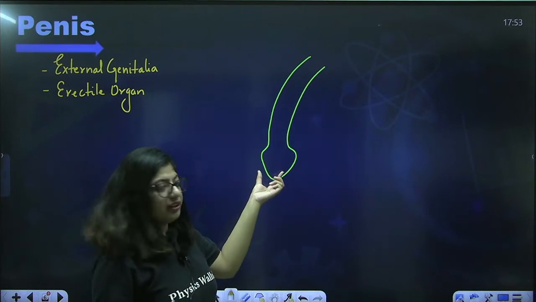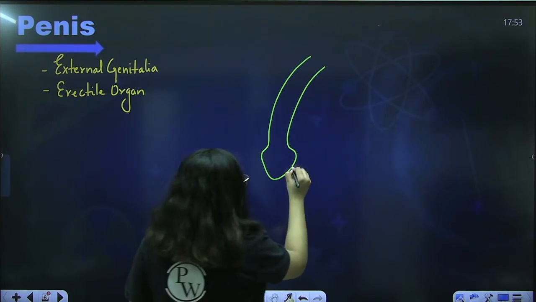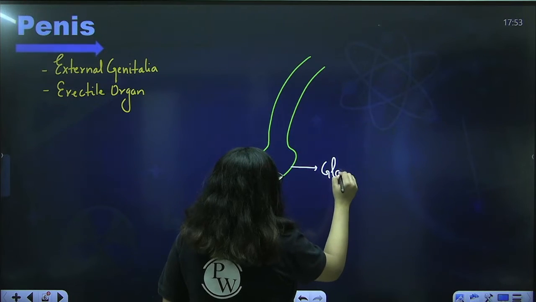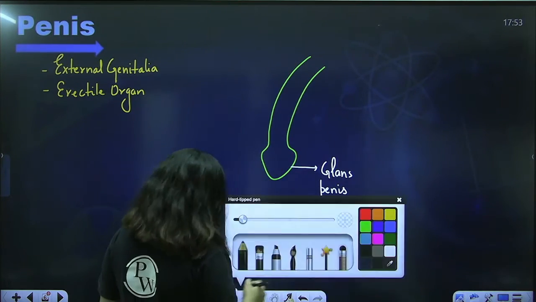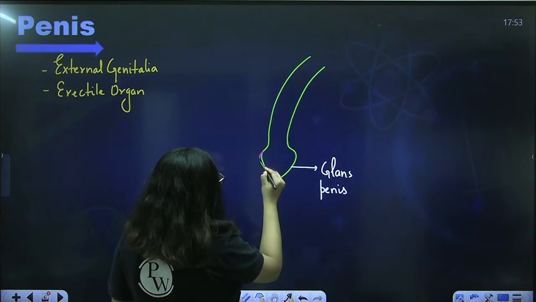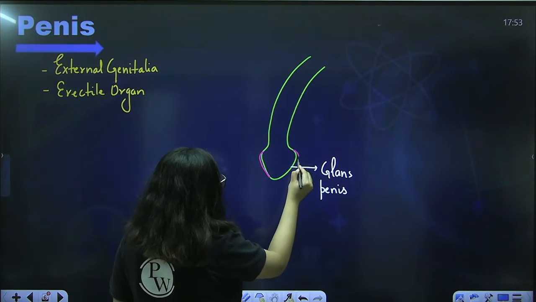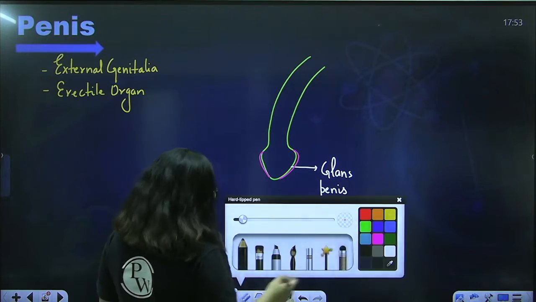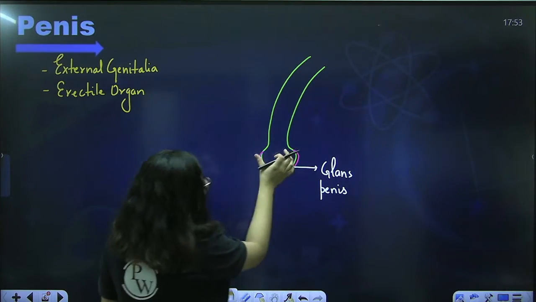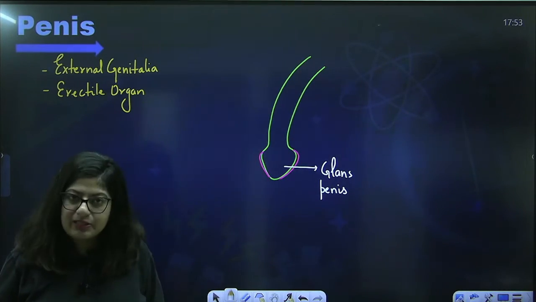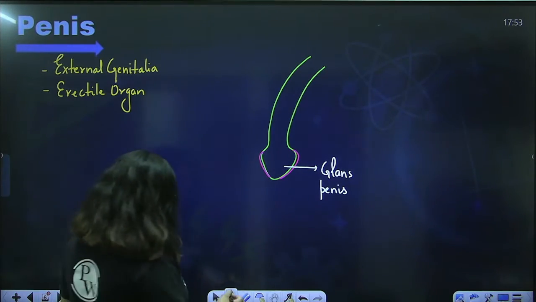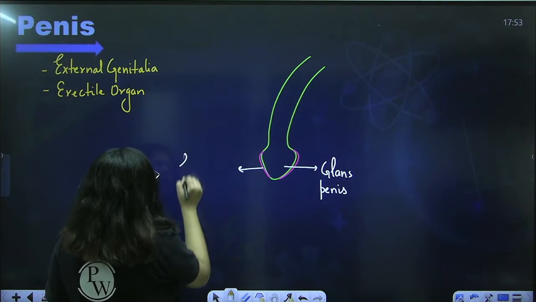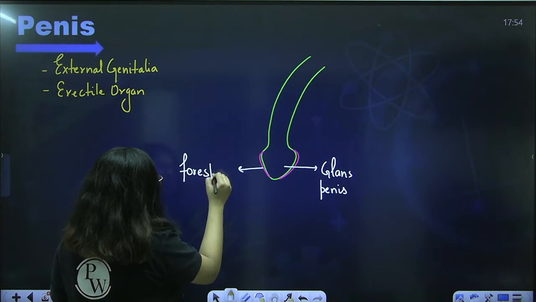This is the extended portion of the penis known as the glans penis. This glans penis is covered by a fold of skin. And what is the name of the skin? Foreskin or prepuce.